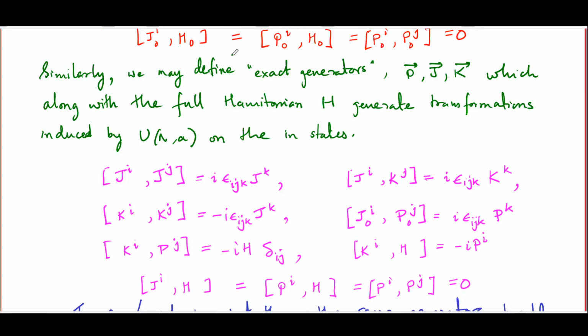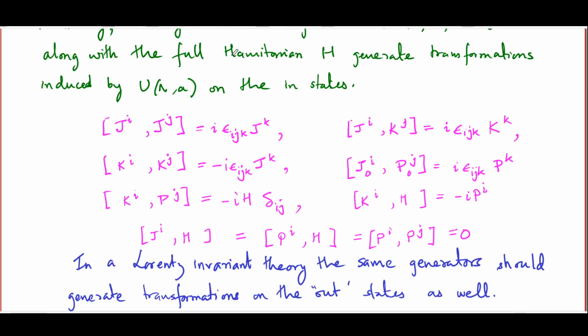In a Lorentz invariant theory, the same generators should generate transformations on the out states as well. And these generators also obey exactly the same commutation relations as do the free particle generators. Let me remind you once again that these commutation relations are basically a property of the geometry of the Poincare transformations. So these are completely independent of what states these operators are acting upon.